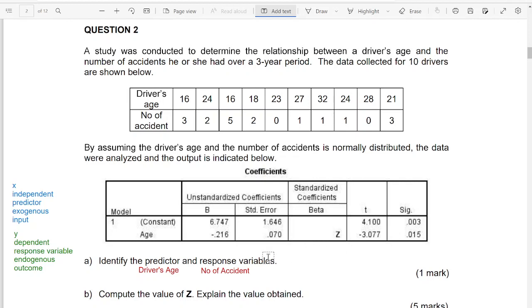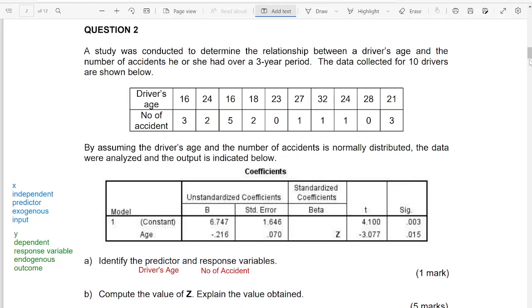So how are you going to find the value of Z? This one you have to calculate using multiplication. You have to first find the standard deviation for the independent variable and the dependent variable, and then you multiply with the unstandardized coefficients.